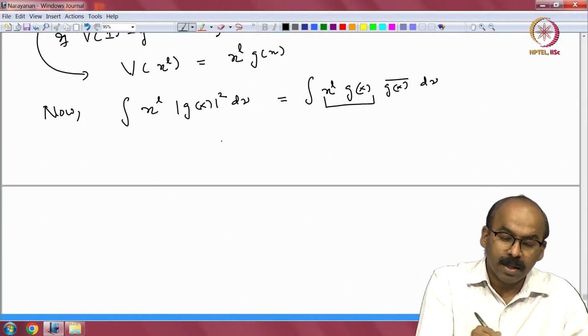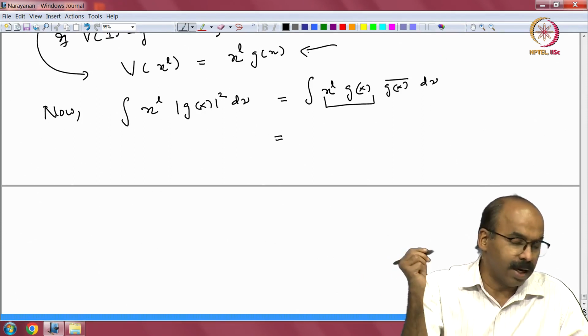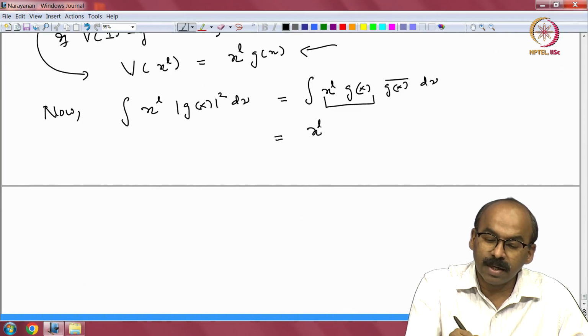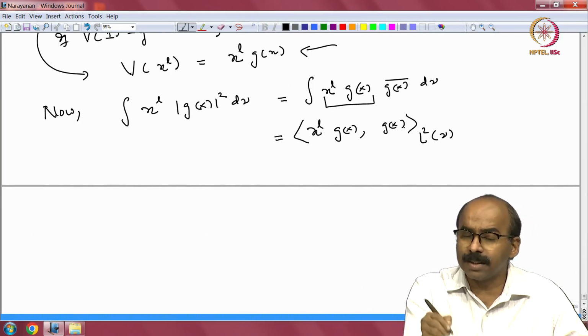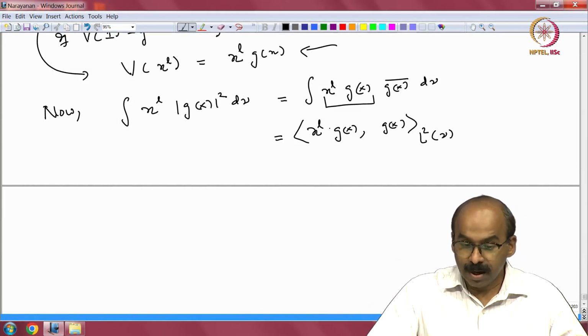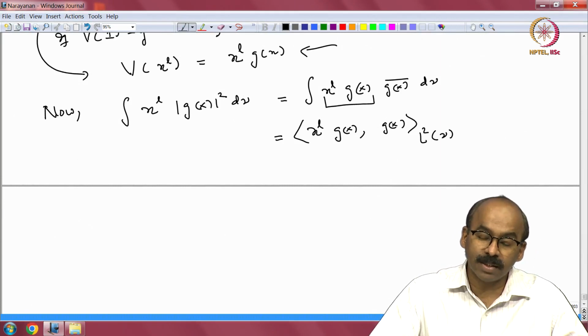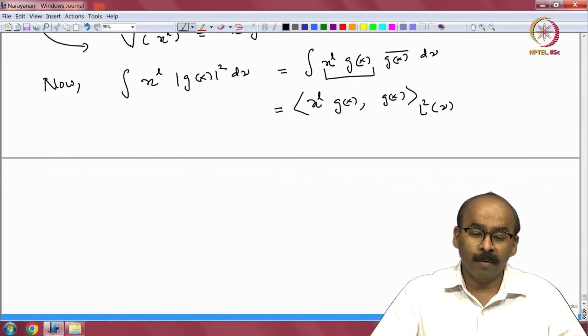So I have the function x to the L g of x, and inner product with the function g of x in L 2 of nu. That is what we have.